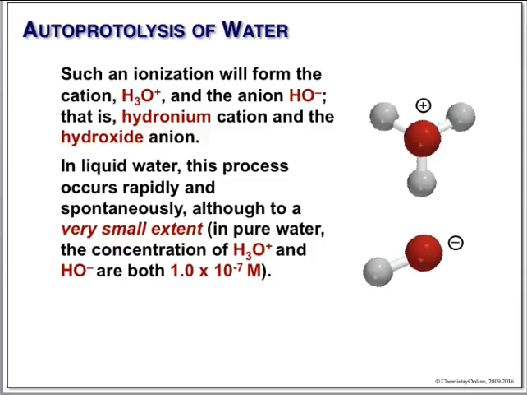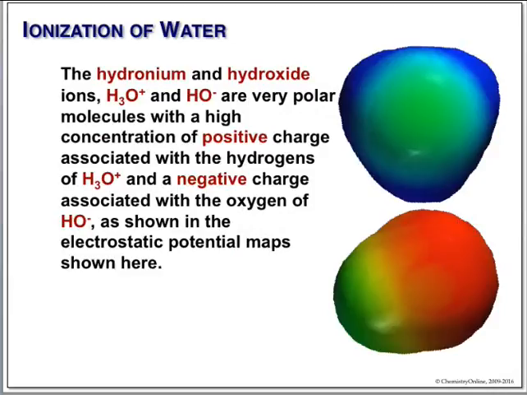Now, whenever I think about this, I just think that, gee, we're taking neutral species and we're making a pair of ions. These ions are very highly charged, and nature really doesn't like things that are charged. So why does this happen?